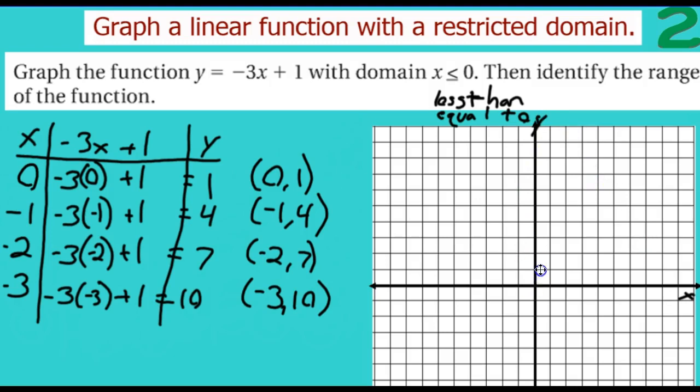We go to 0, 1, our first point. -1, 1, 2, 3, 4. -2, 1, 2, 3, 4, 5, 6, 7. And -3, 1, 2, 3, 4, 5, 6, 7, 8, 9, 10.